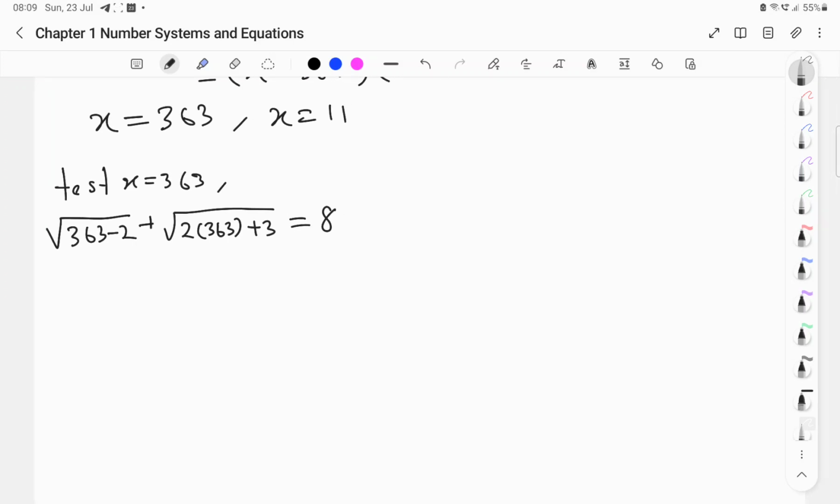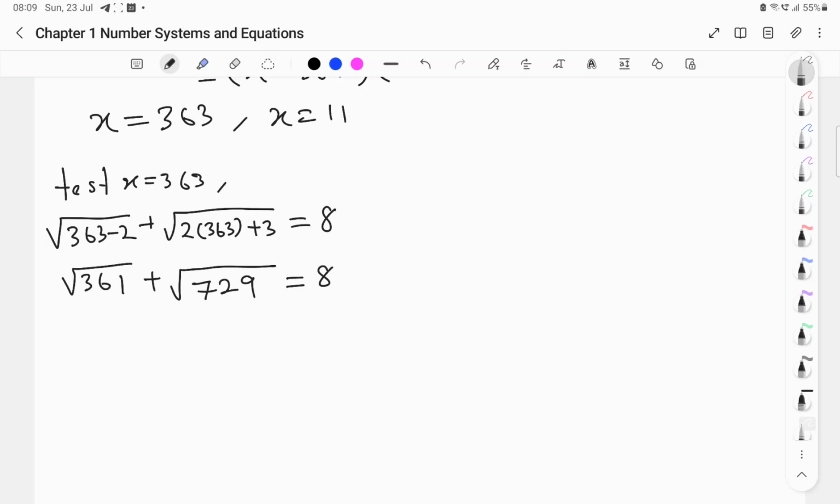Now the front one becomes square root of 361 plus, what's this? 363 multiplied by 2 plus 3, so 729, equals to 8. Okay, so you need to use your calculator lah, since the figure is quite big.